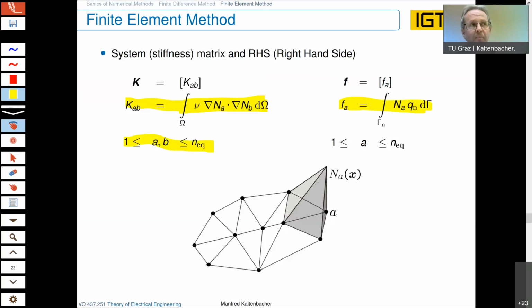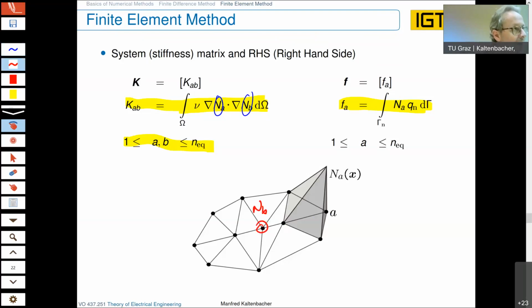However, that is perhaps not very efficient, because you see we have two basis functions, NA and NB. If this is NA and NB is something at this node, we don't have any overlap. So we compute a lot of entries which are just 0.